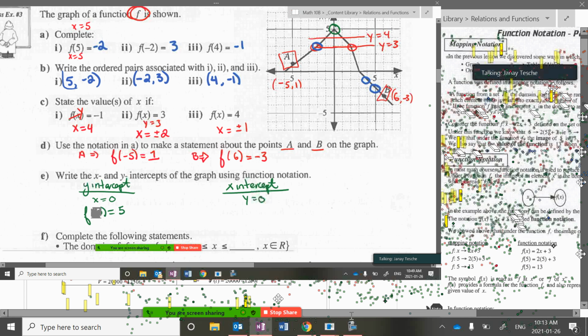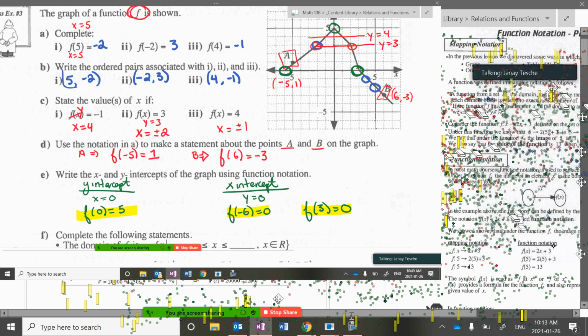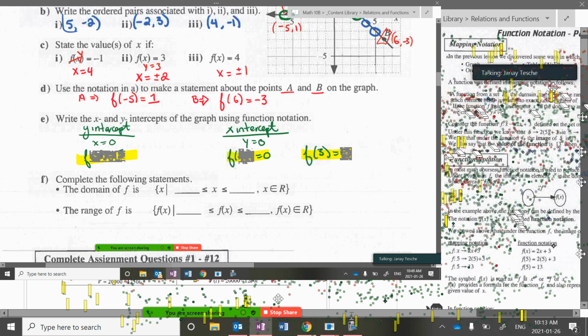So if I look at my graph, it crosses my x-axis here and here. So I have f at -6 equals 0, as well as f at 3 equals 0. On this question, I've shown a little bit extra, like your answer would just be the highlighted version. I think it's a really good habit to always write down x and y equaling 0 because it's just that reminder, but you don't actually have to write it out.